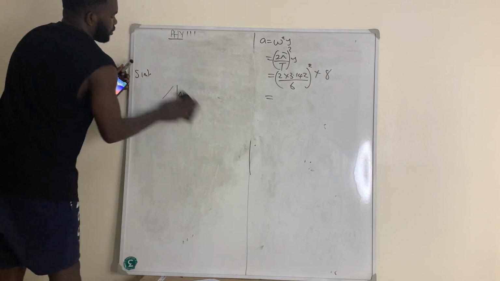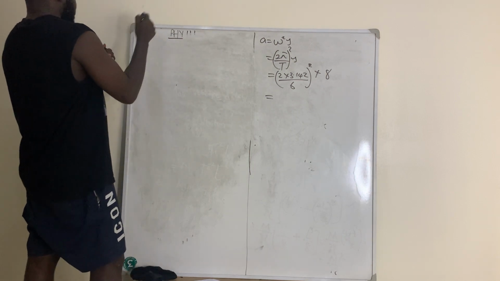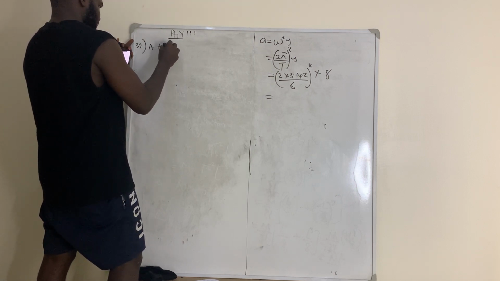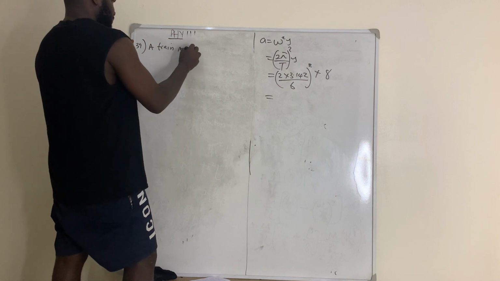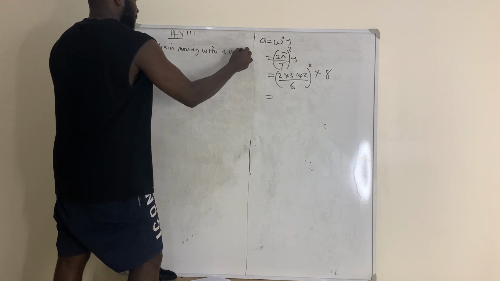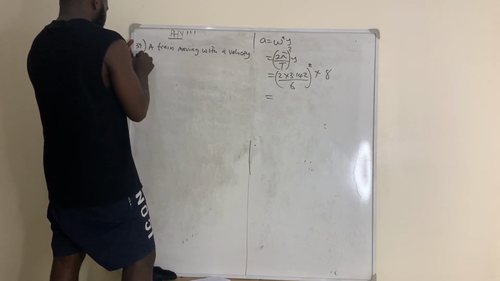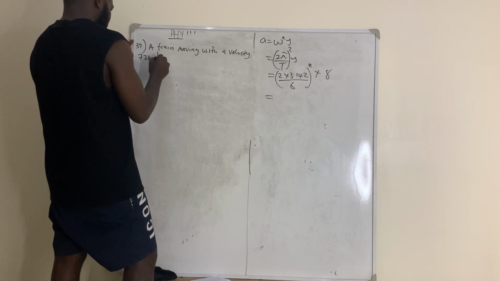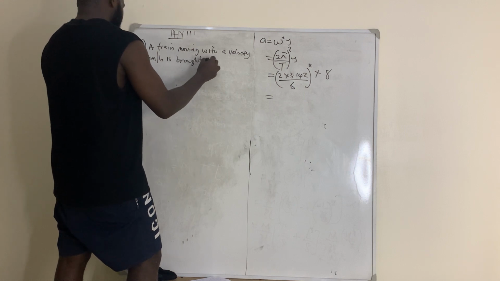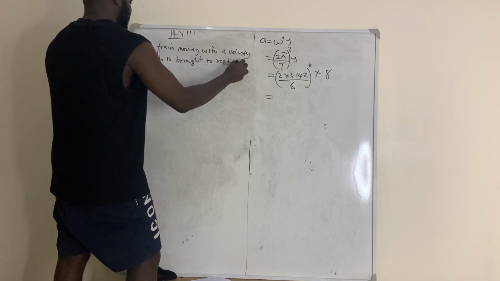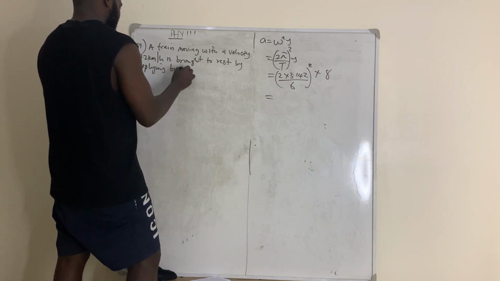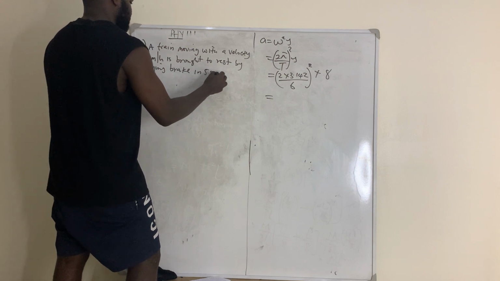Okay, we move to question number 39. Question number 39 said a train moving with a velocity 72 kilometer per hour is brought to rest by applying brake in 5 seconds.